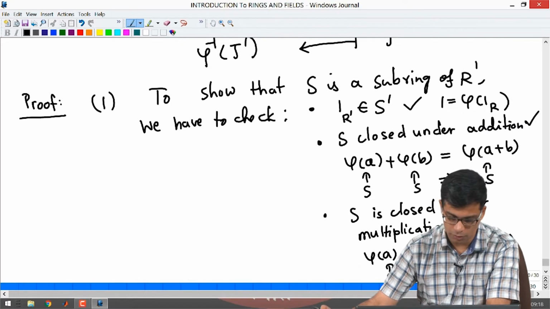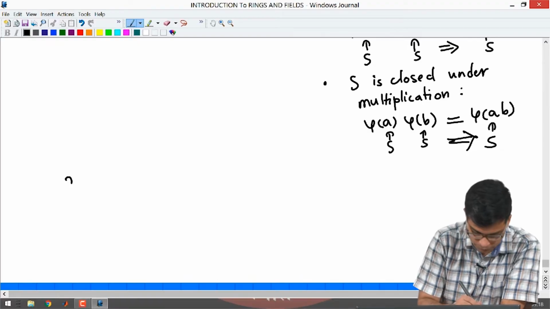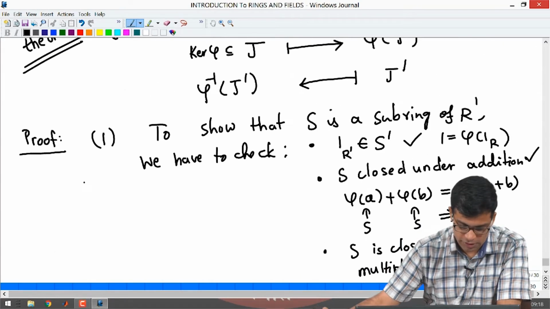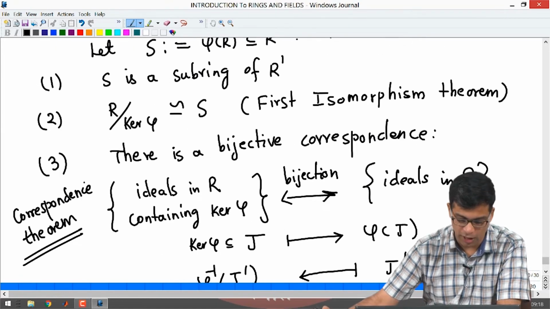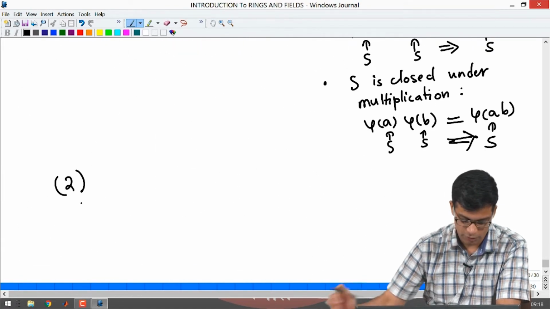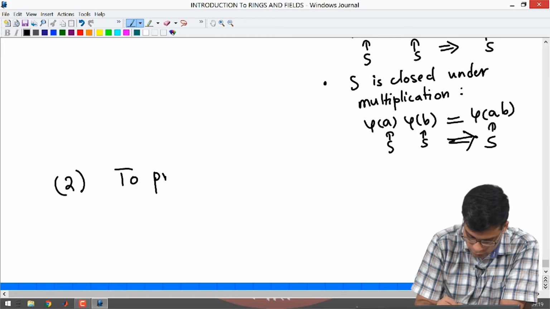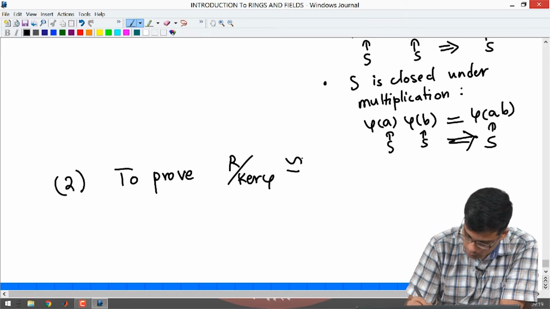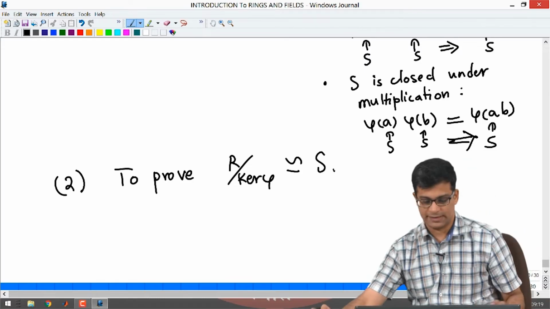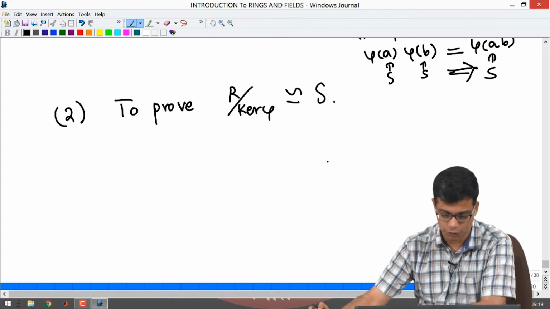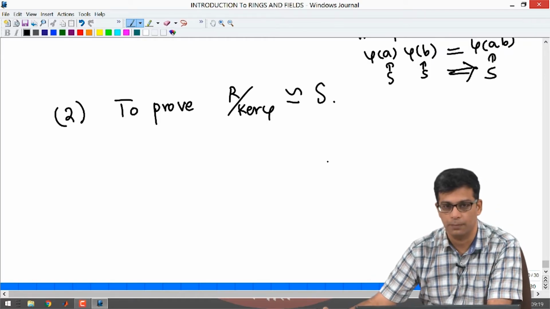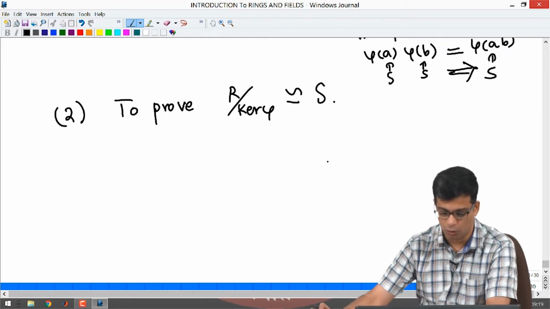Okay. So, the second property says that, remember what is the second statement, that R mod kernel phi is isomorphic to S. So, we want to prove this. So, we now use the notion of quotient rings.